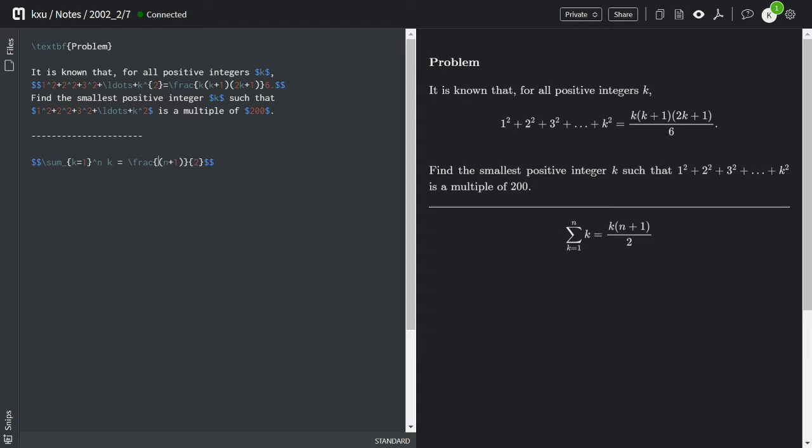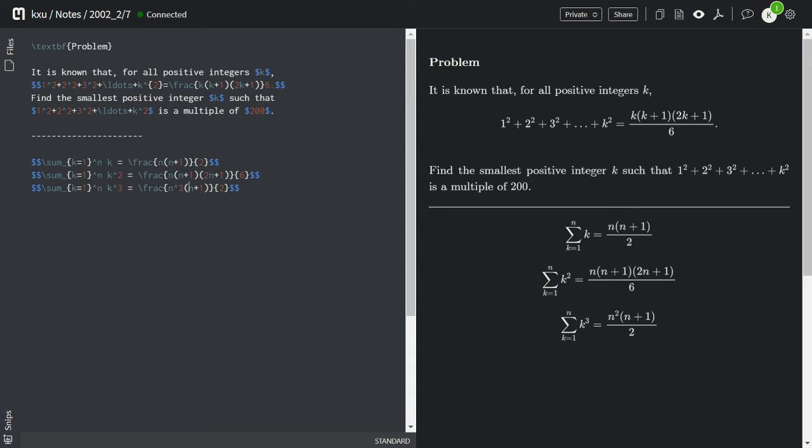Are they called Riemann zeta functions, if the zeta is negative? I don't know about that one. Perhaps. The sum of k squared is n(n+1)(2n+1) over 6. And the sum of k cubed is going to be the square of the first one.